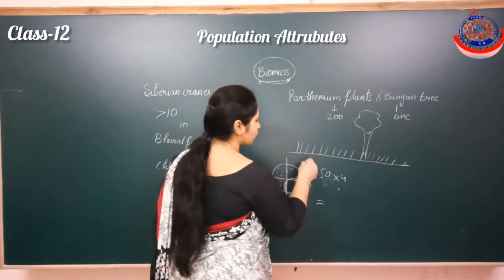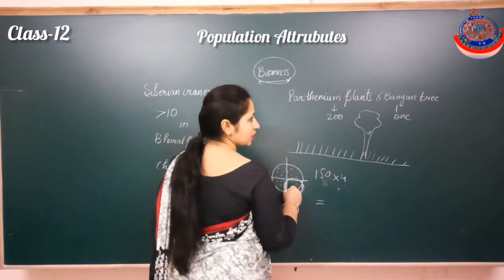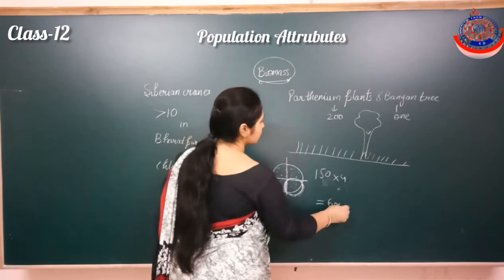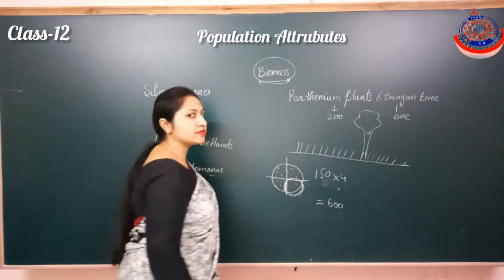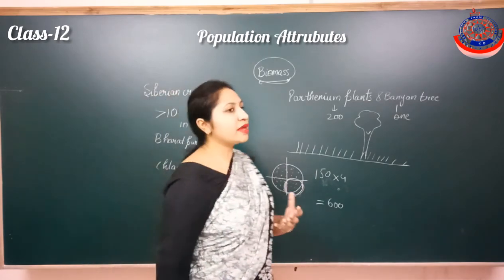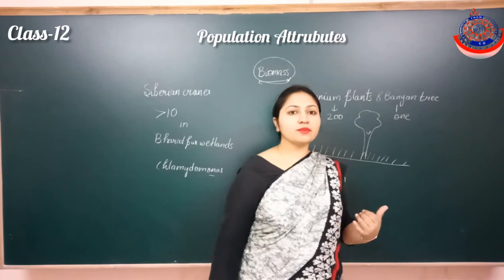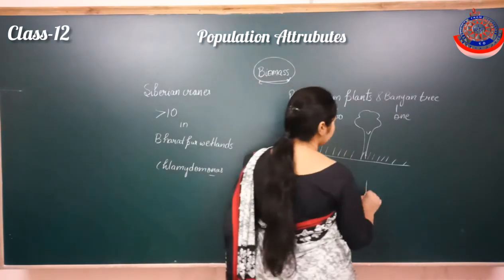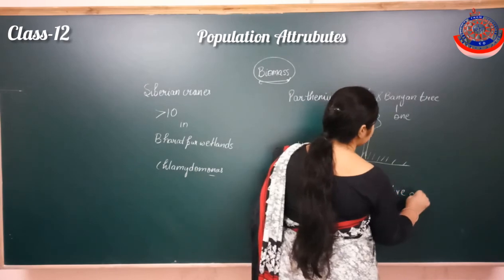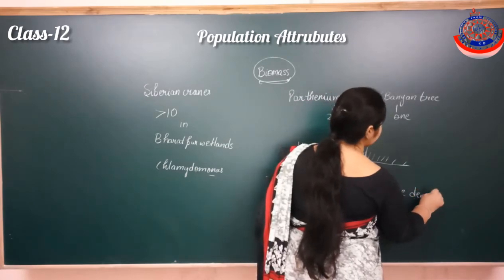That is the total of this. Okay, the total will come around 600 microorganisms that are present. So in this manner we can calculate, and this type of calculation is known as the relative density.